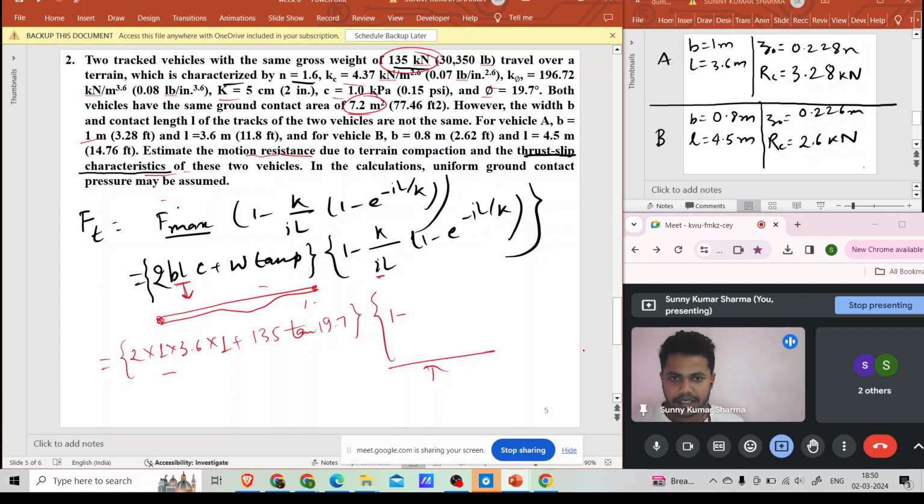1 minus K. K is 5 centimeter, right? 0.05 by slip, which is 0.05, that is 5%. For 5% here is the expression. And for the first track L is 3.6 meter. Then 1 minus e to the power minus 0.05 by K, 0.05.